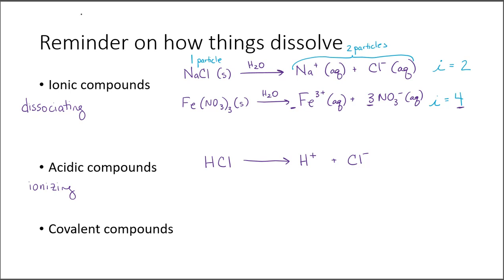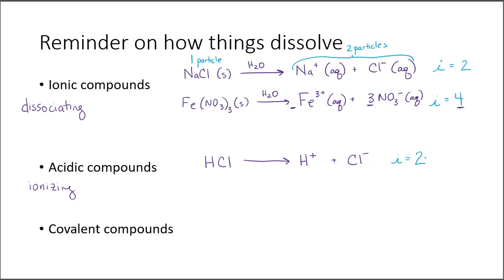So again, what is the ideal Van Hoff factor for hydrochloric acid? The ideal Van Hoff factor is 2. 1 unit of HCl goes in and 2 particles come out.